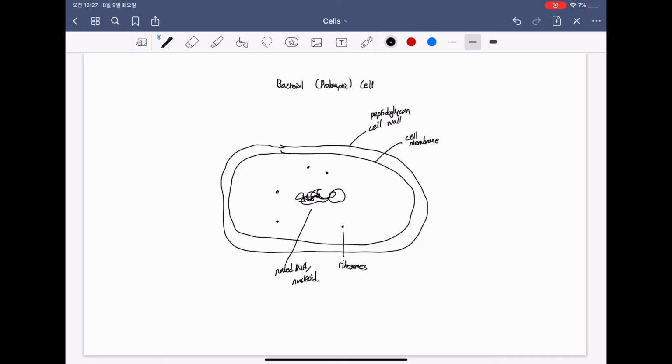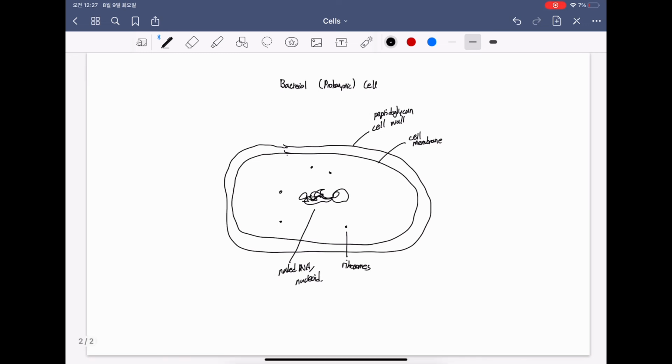A prokaryotic cell also usually has a tail, which is called a flagellum. Flagella are used for locomotion, along with pili, little fur-like things here, which are used for cellular communication and movement.